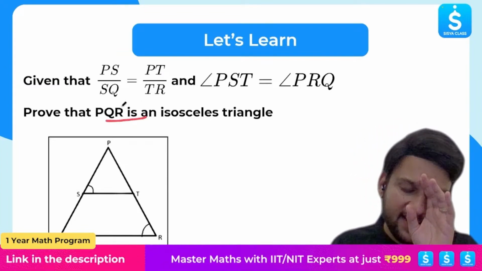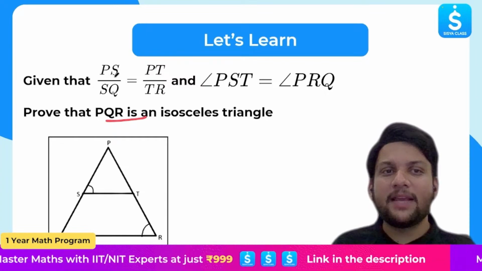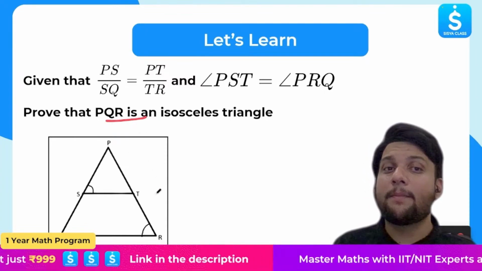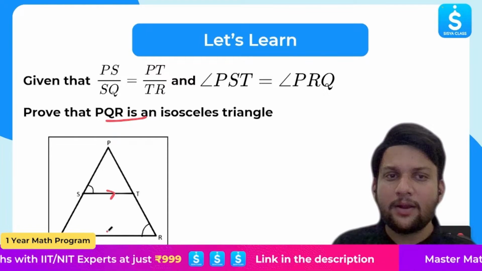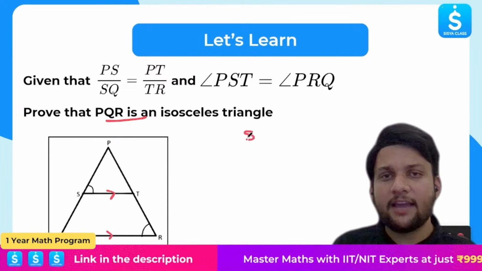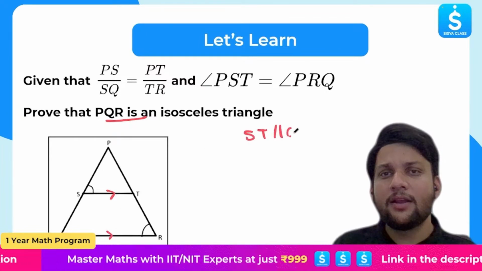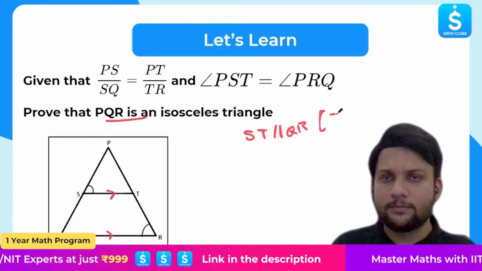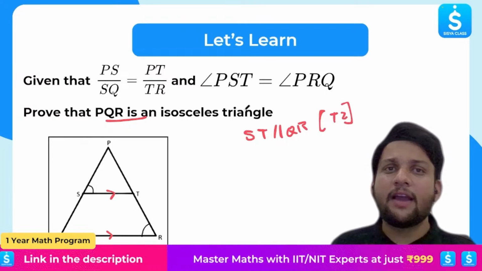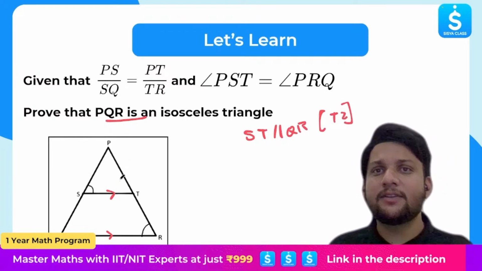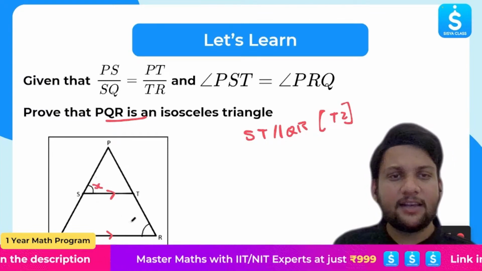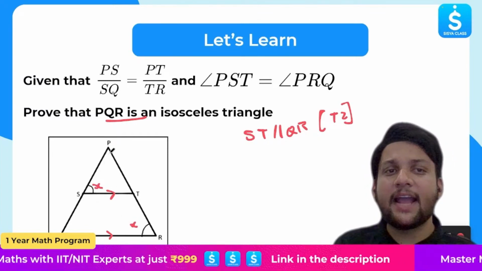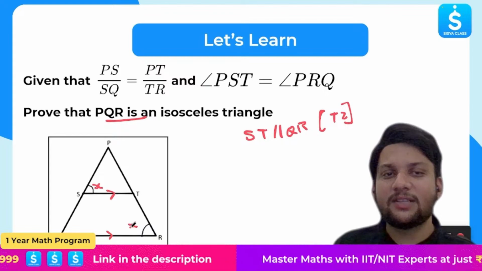This is very easy. See, first thing, PS over SQ equals PT over TR. By theorem 2, what can I say? Can I say ST is parallel to QR? Of course, yes. So I have ST is parallel to QR by theorem number 2. Right. Now it is given angle PST is equal to angle PRQ. So if I let this angle be X, that means this angle is also X. We have to prove that triangle PQR is an isosceles triangle.